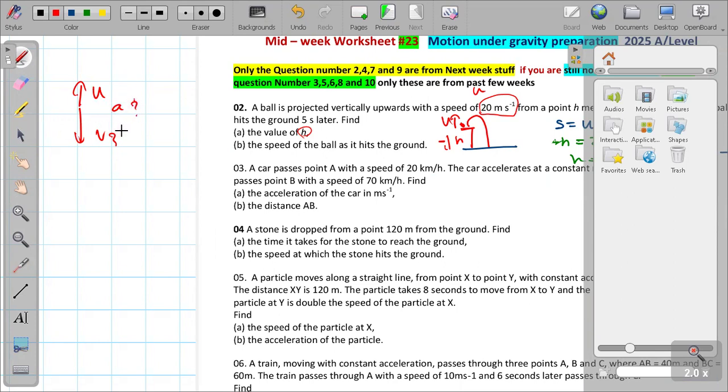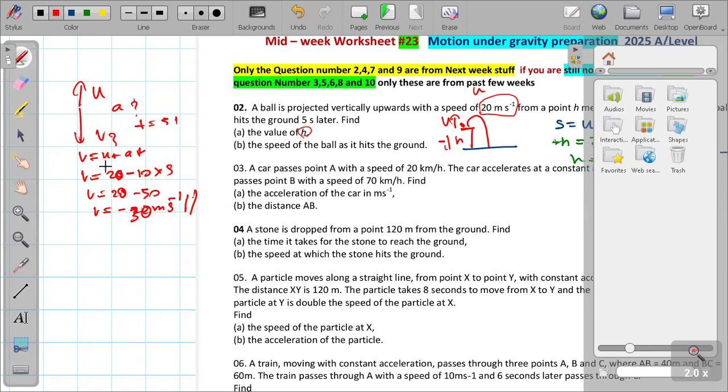So we can apply v equals u plus at, and the time also we know. 25 minus 10 times 5. Sorry, 20, only 20 here. Minus 30. Did you get these two answers?